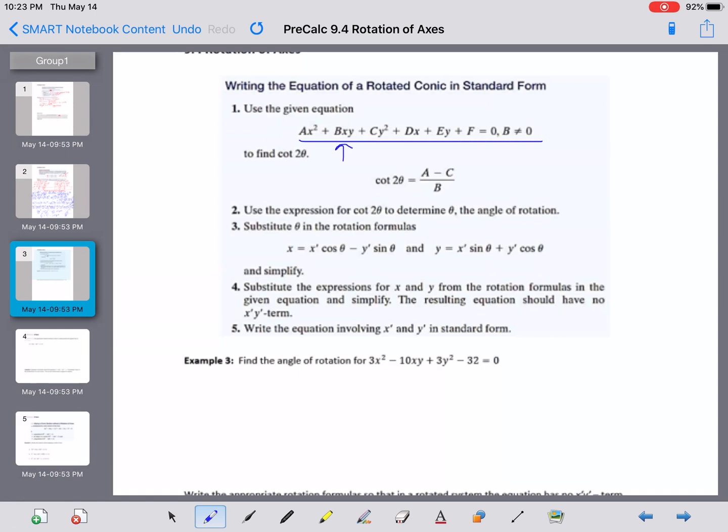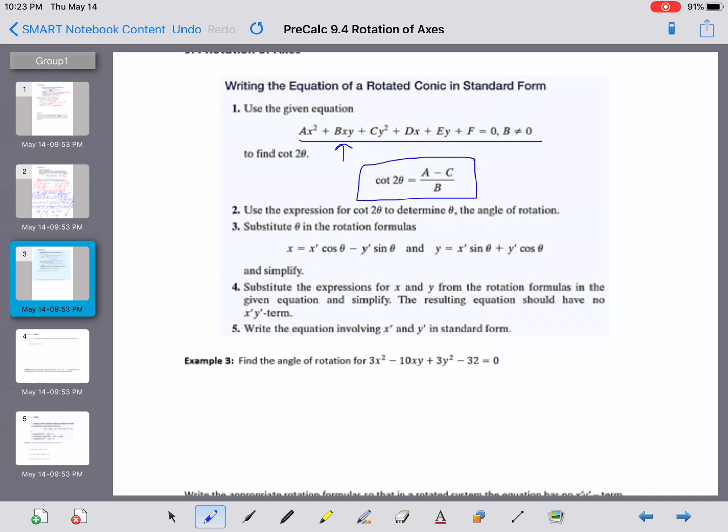And we have this formula, cotangent 2 theta equals a minus c over b. That will help us find our theta, or our angle of rotation. So we can use this formula in combination with our unit circle, with a calculator, with a triangle, whatever we're going to work with to find our angle of rotation, okay?